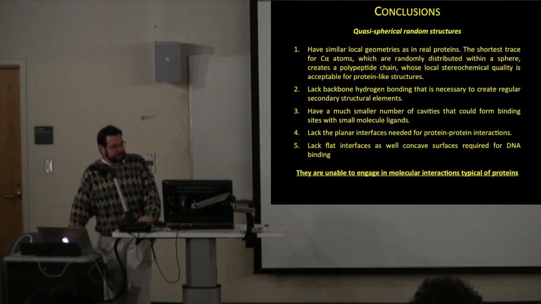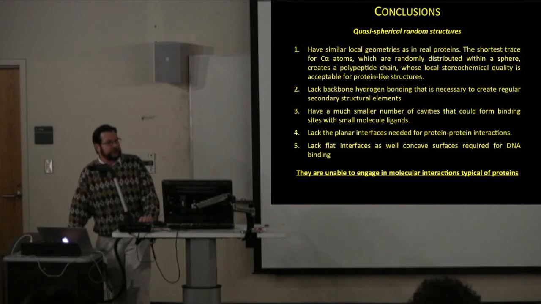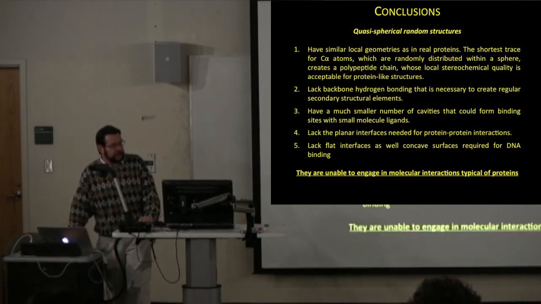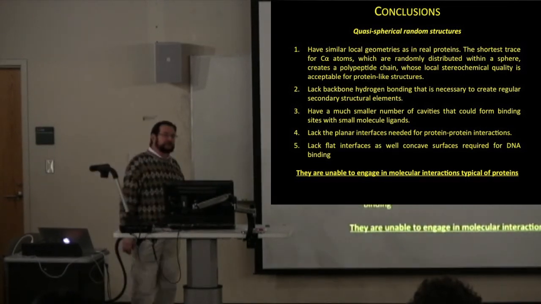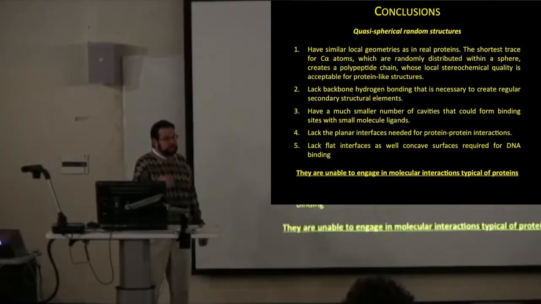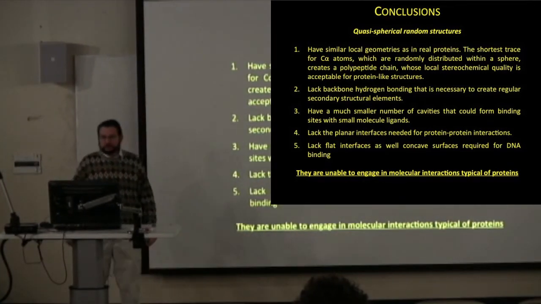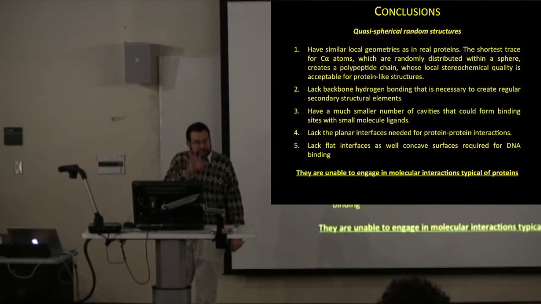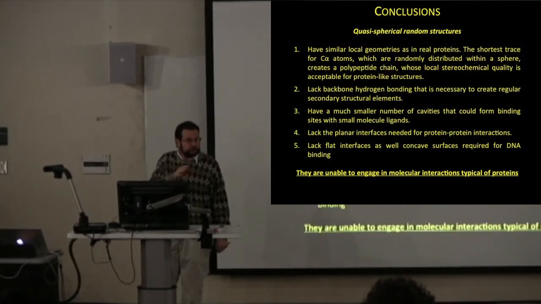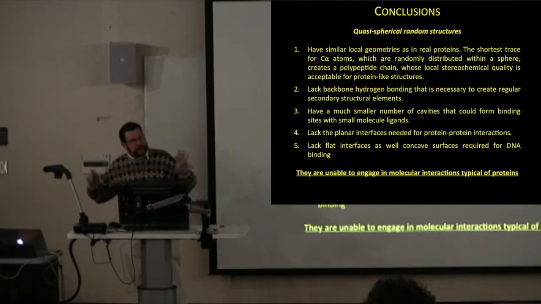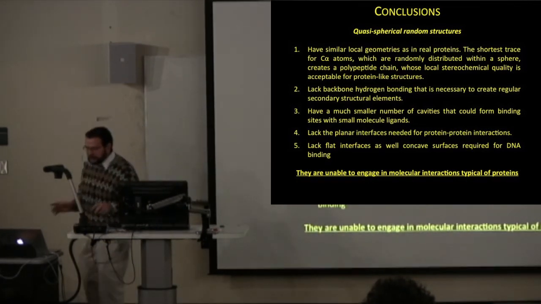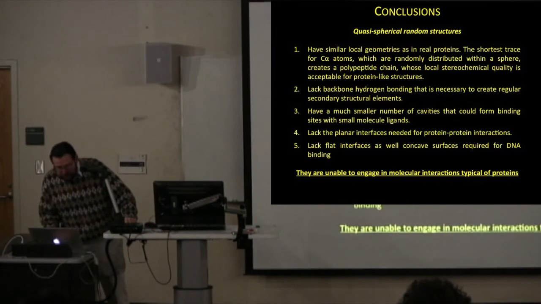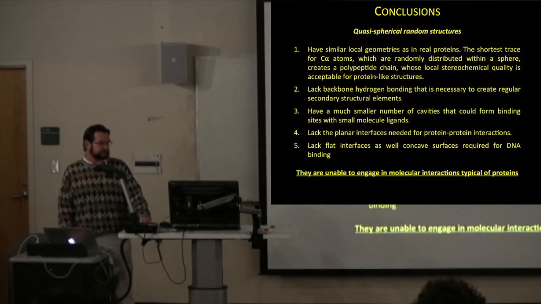They don't have planar interfaces because they're spheres, I mean convex, not planar surfaces. That's kind of obvious. And they don't engage in intermolecular interactions with the protein geometries. So quasi-spherical proteins, non-hydrogen bonded objects, are not likely to do the kind of biochemistry we see. Now, they may do some other kind of chemistry with some different molecules, I have no idea. But they're certainly not recapitulating that which is observed.